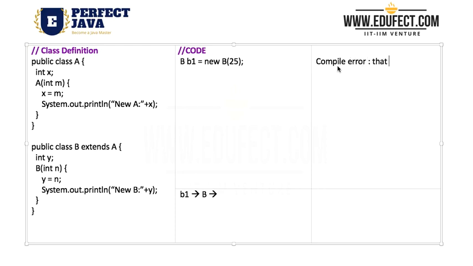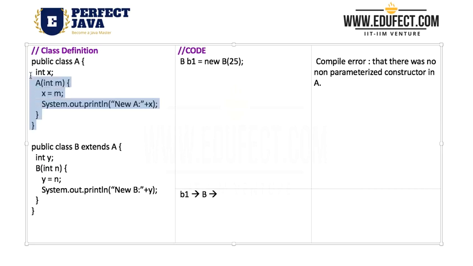that there was no zero-parameter, non-parameterized constructor in A. And where will that error be? The error will be in the definition of this constructor, because here is where it is looking for a non-parameterized constructor in A. So here we will get a compile time error.